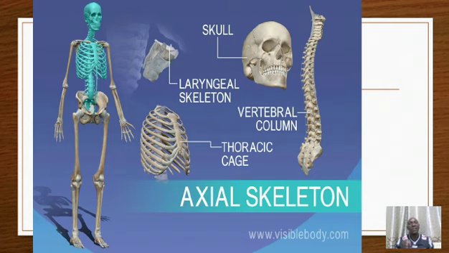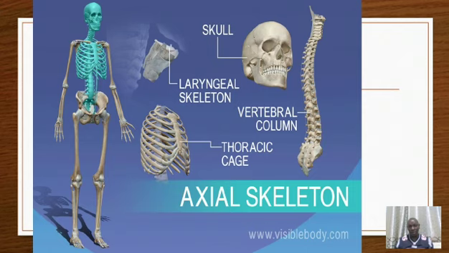The one drawn in blue is the axial skeleton, while the one drawn in gray is the appendicular skeleton.